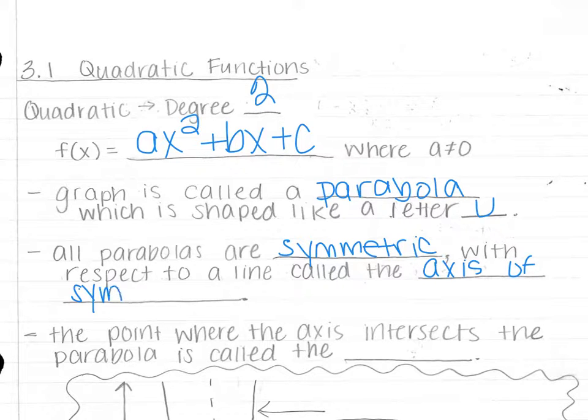And what this means is that if you folded the parabola in half along this line, it would be exactly the same on both sides. And the point where the axis intersects the parabola is called the vertex.